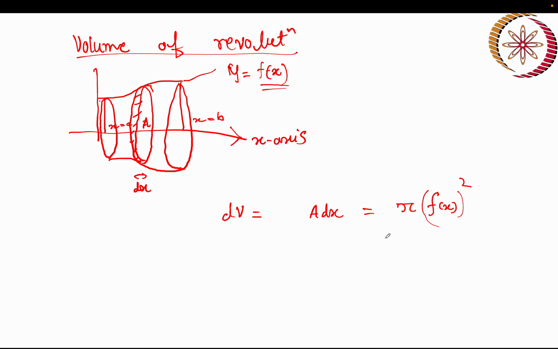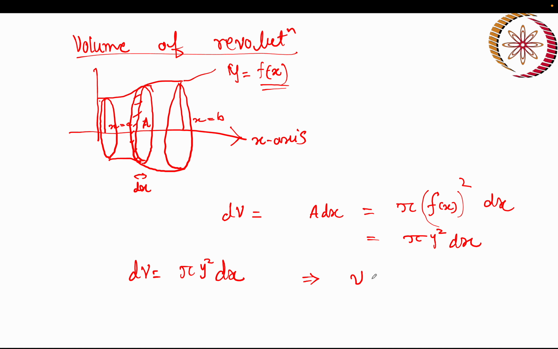So we can write the small volume as pi y squared dx.